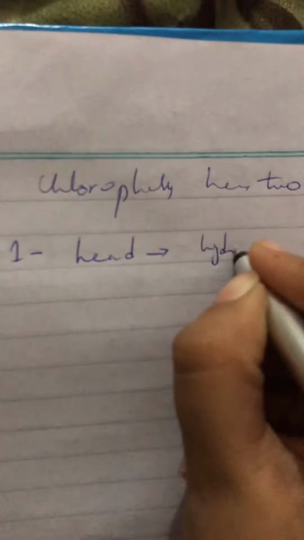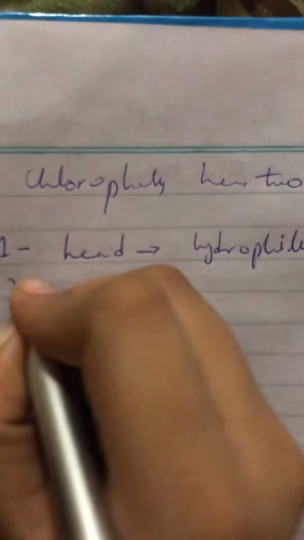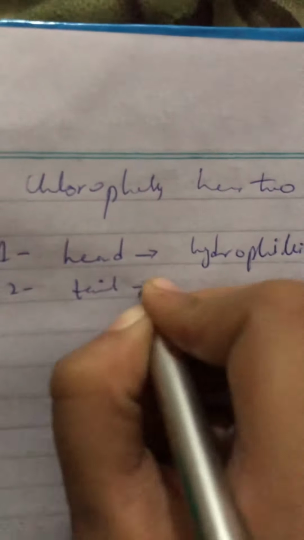After that, chlorophyll has two parts. Number one is the head, that is hydrophilic, and number two is the tail, that is hydrophobic.